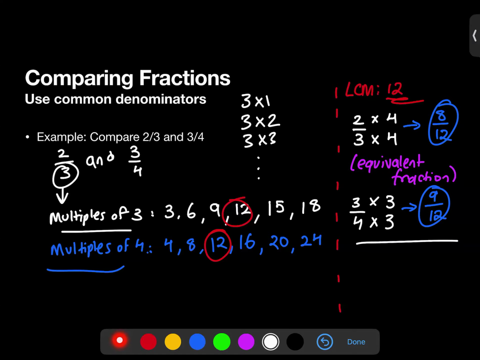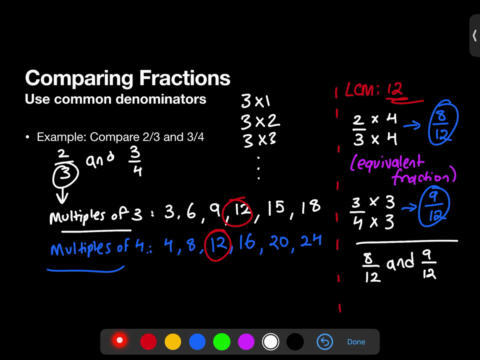So is everyone understanding that so far? Yes or no? Good. So now we can compare directly. So we have 8 over 12 and 9 over 12.